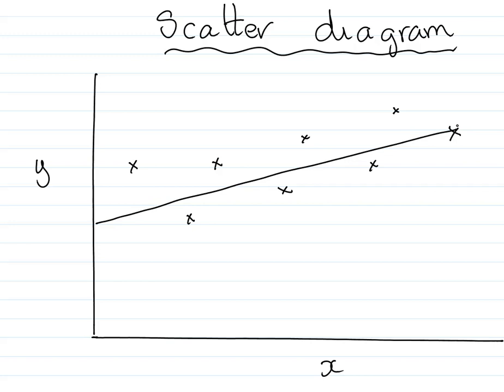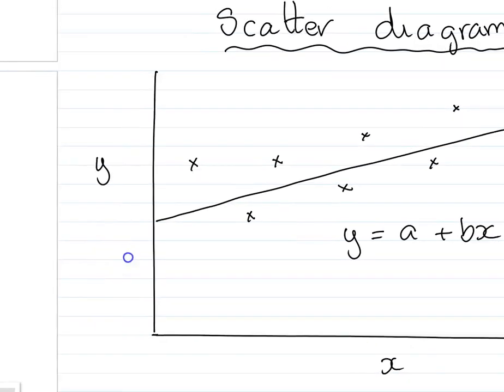By linear it means straight line, and it can be represented algebraically. Y equals A plus BX, often known as the linear equation.